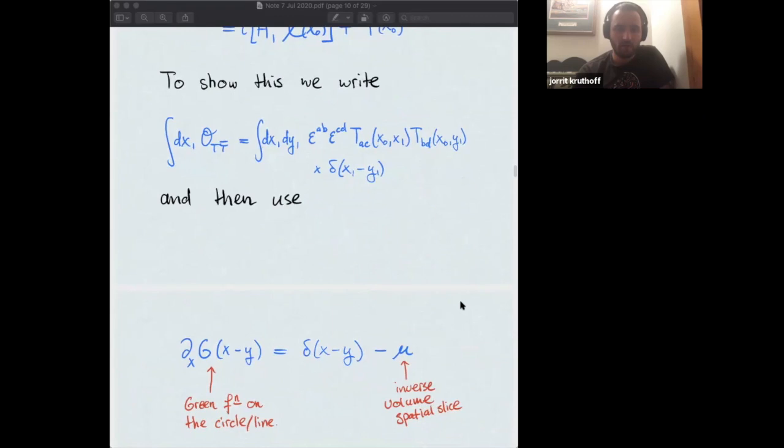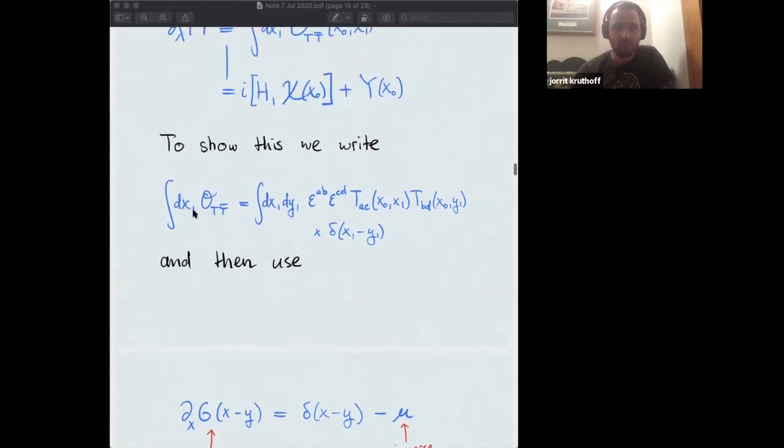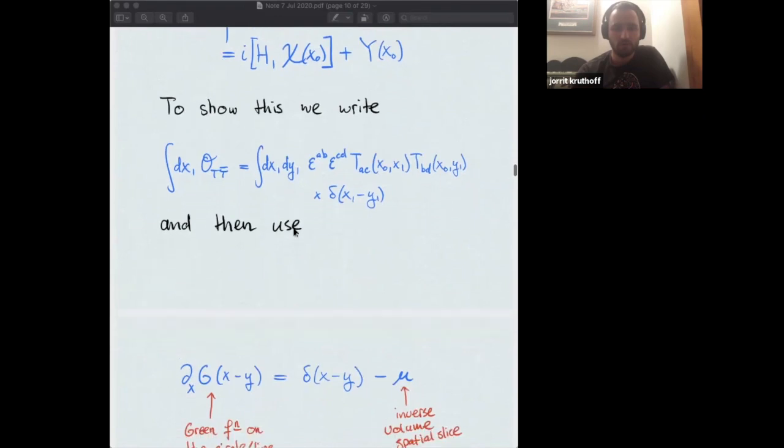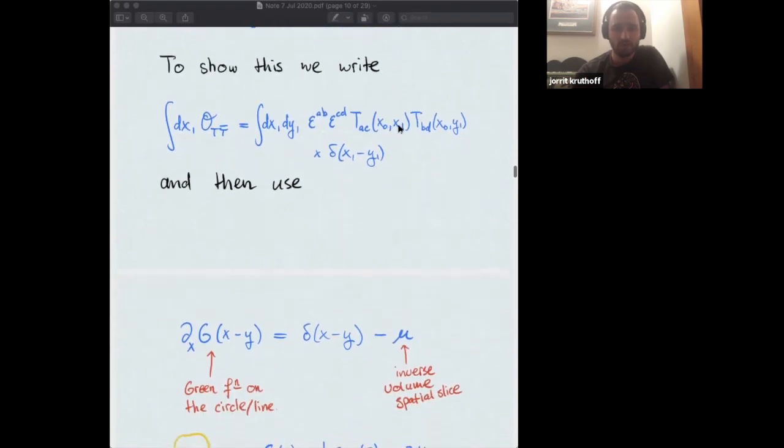then it simply follows that I can use a Green's function equation like the one here. This will be the Green's function on either the circle or the line, depending on what my spatial manifold is. And so remember that these x1 and y1 integrals are over space. X0 here is time.